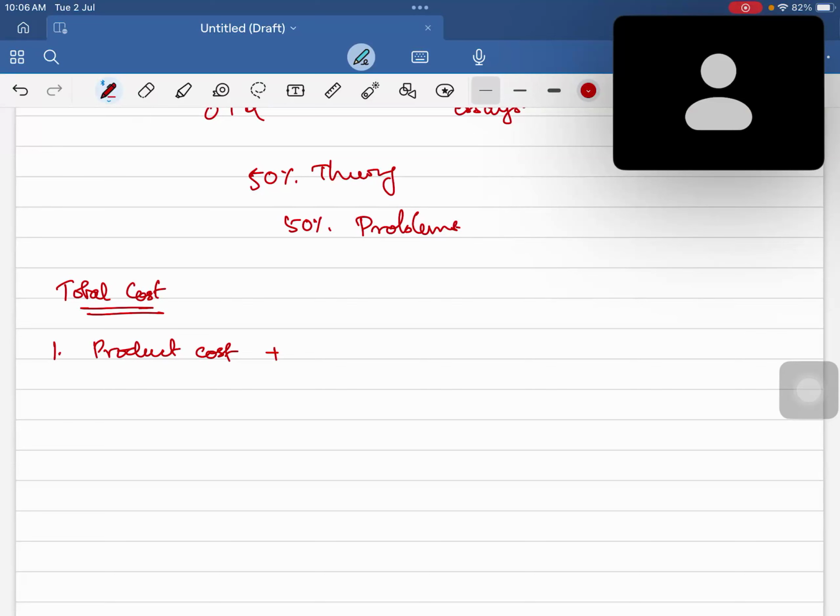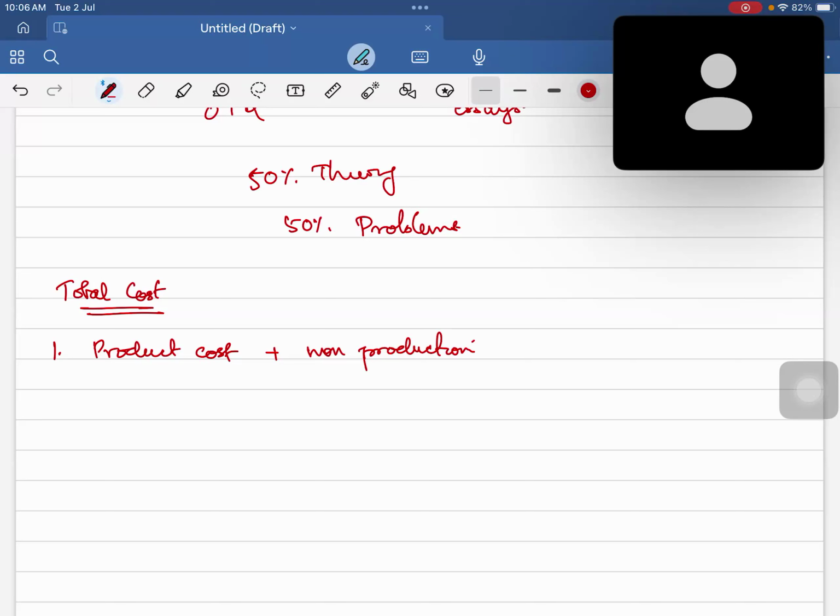All the things that are directly linked to producing that product are the production cost. And to find the total cost, you have to add to that the non-production cost as well, for example, administrative cost. So this is one way to put the total cost.